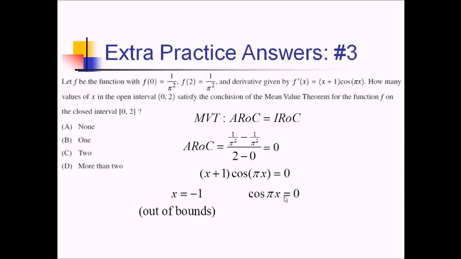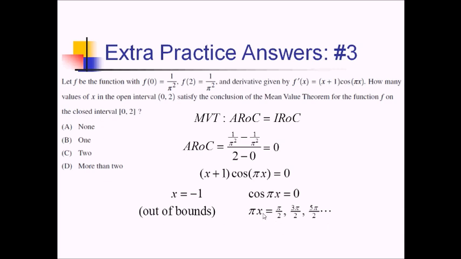And this is where it helps if you know that cosine in general equals 0. The x value on the unit circle equals 0 at the top and the bottom of the unit circle, at pi over 2 and 3 pi over 2. But we could actually keep going, right? Because there's 5 pi over 2, 7 pi over 2. So there's a long list of values where cosine equals 0, which means that pi x equals all those things.